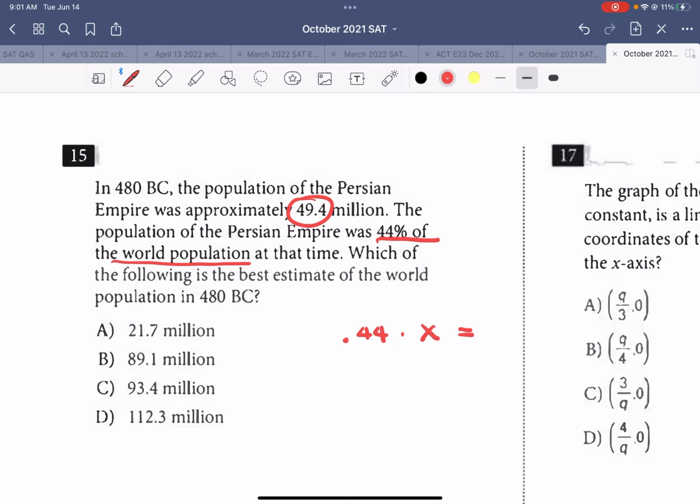So only 44% of that world population will be the Persian Empire population, which is 49.4. So you divide: 49.4 divided by 0.44. You get around 112.3. So answer D.